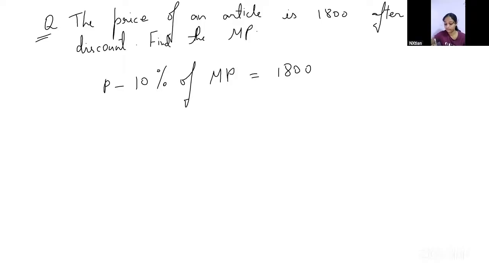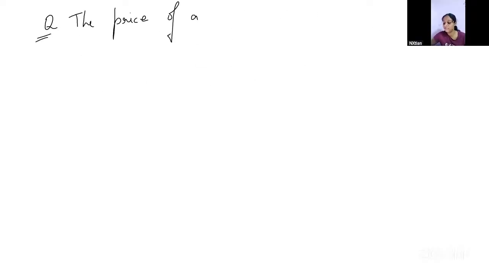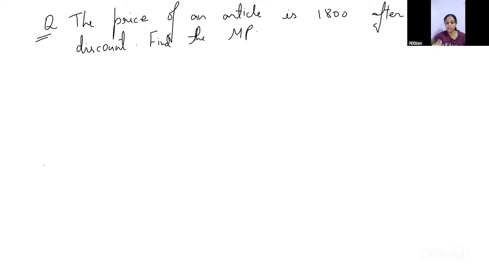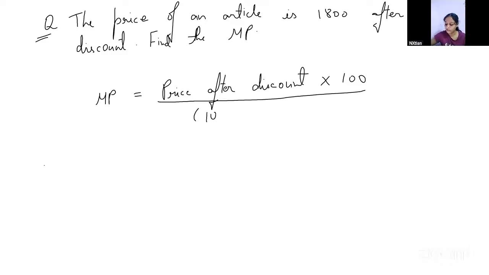Or let's try another method. There is a formula. Market price equals price after discount into 100, divided by 100 minus discount percent.